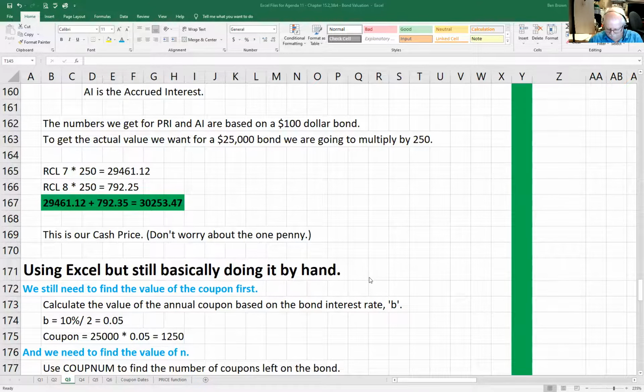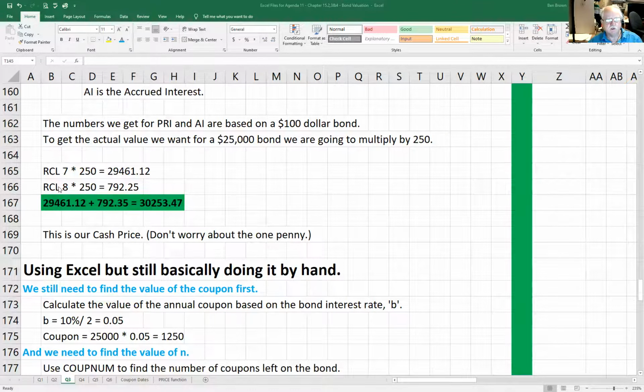Notice what I'm going to do now is because we have a $25,000 bond, I've got to multiply the numbers they gave us by 250. Because if I take 25,000, divide it by 100, I get 250. So what I'm going to do is I'm going to go recall 7 times 250 and I get this number.